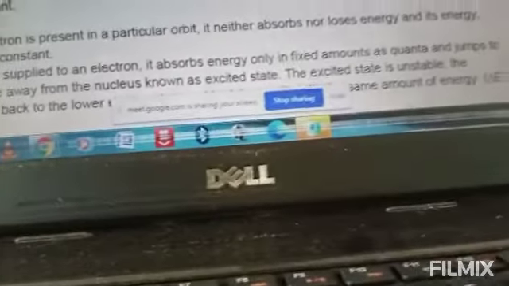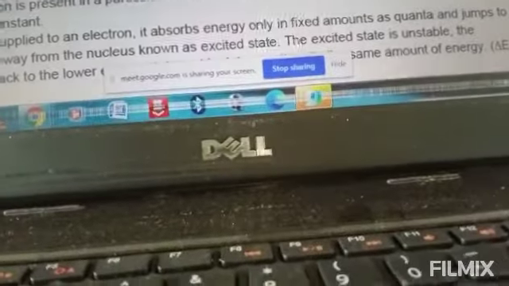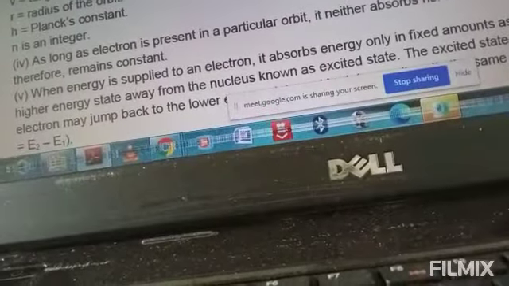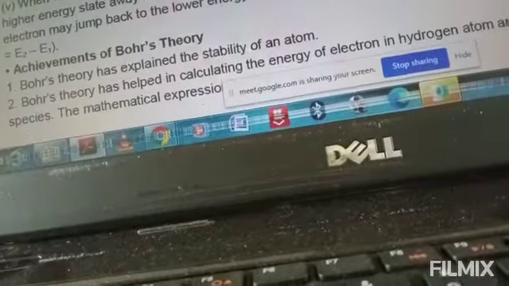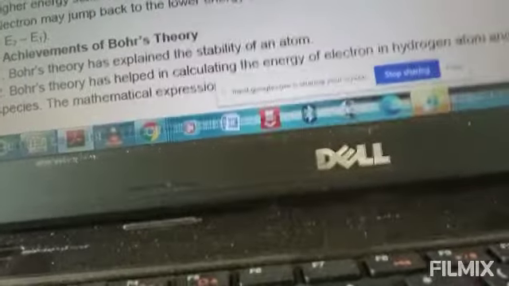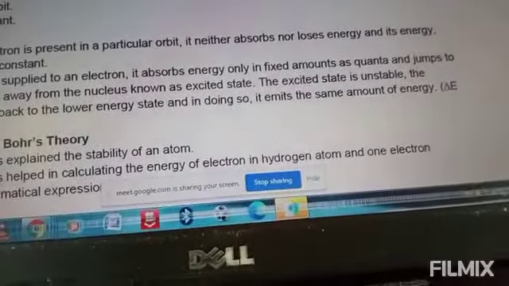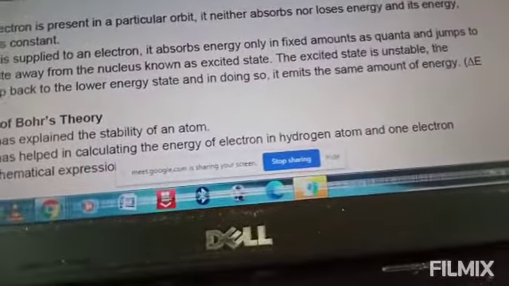The excited state is unstable and the electron may jump back to the lower energy state, and in doing so it emits some amount of energy. So the energy difference delta E equals E2 minus E1.